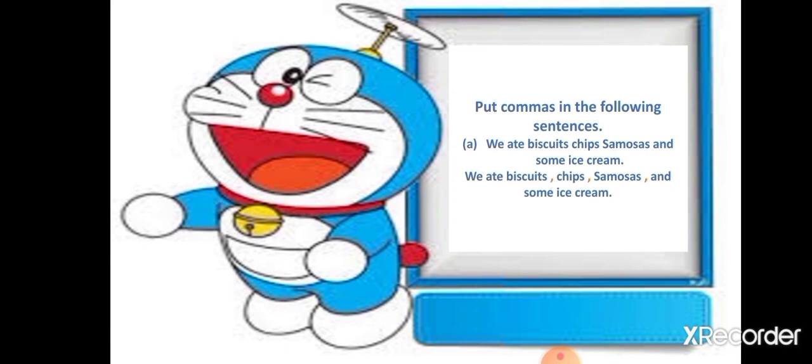So let's do the first one. We ate biscuits, chips, samosas, and some ice cream. So look, there is a list of items, and now you have to separate them according to the rules. We ate biscuits, comma, chips, comma, samosas, comma, and some ice cream. In the last 2 items, we are putting a comma and "and" both, because according to the rules, when we are separating a list of items, we will be putting a comma plus "and" before the last item of that list.